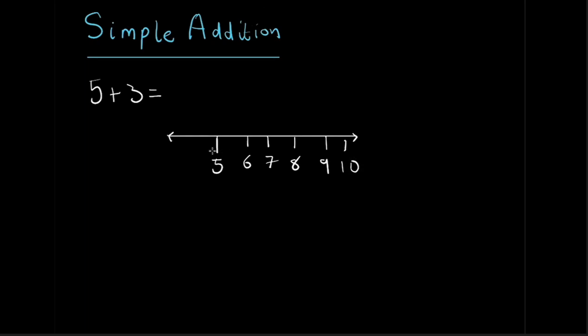As we're adding, we don't need to go behind because we're not going to go backwards. And so to add 3, we want to move 3 steps. So it's 1, 2, and we land on 3. That means our answer to this equation is 8.